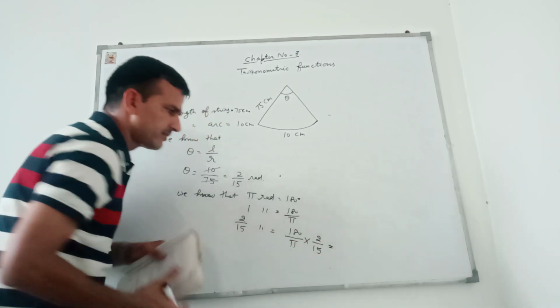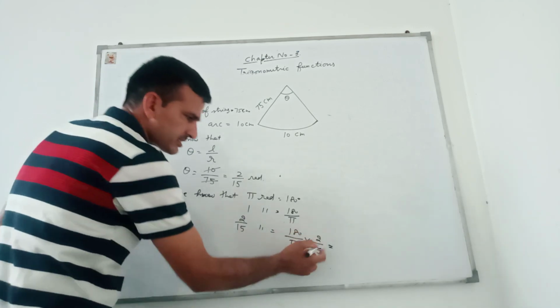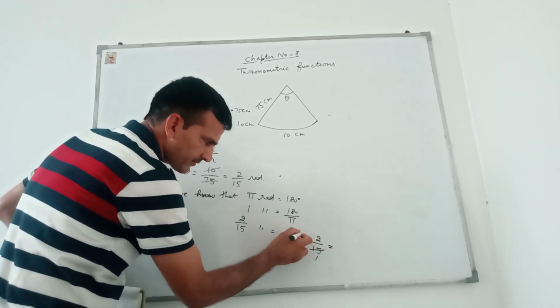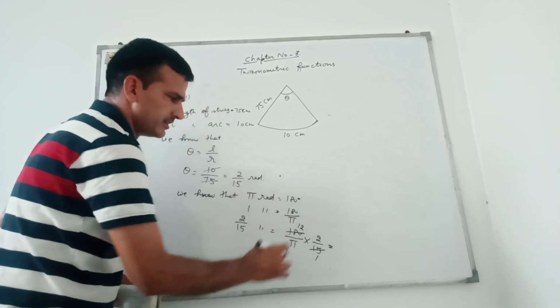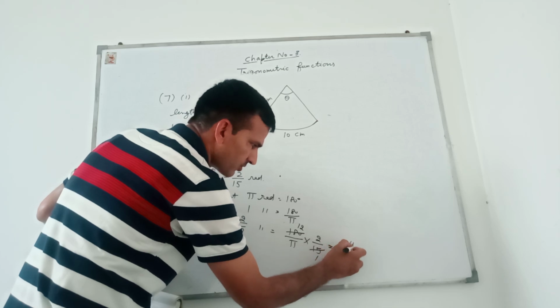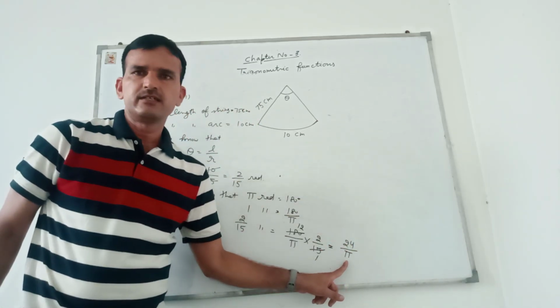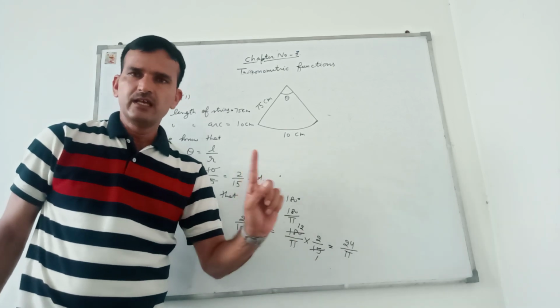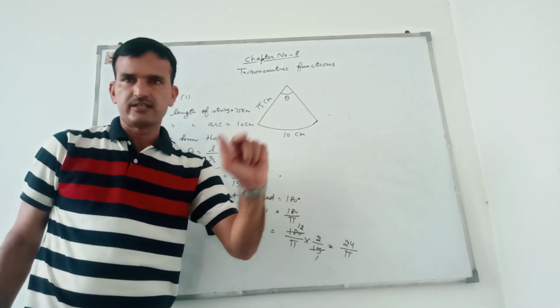Now put the value of pi and cancel out. 15 into 12 is 180, so this is 24 by pi. Now put value of pi 22 by 7 and convert this angle in degree.